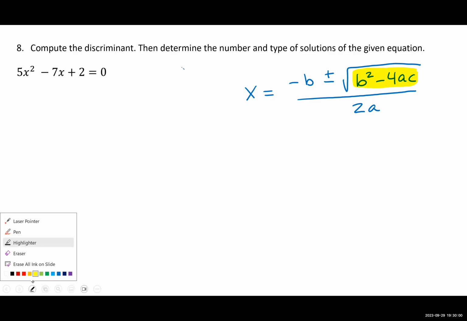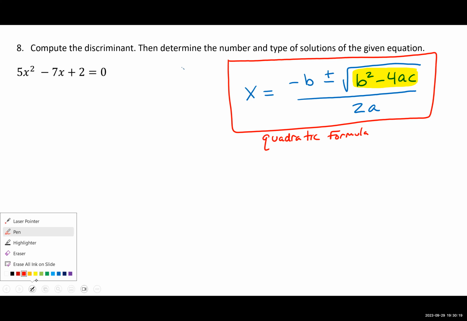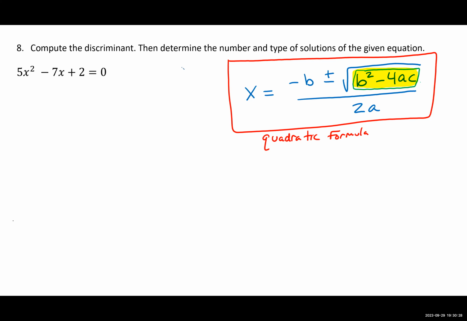This in red is the quadratic formula. But inside of the quadratic formula, part of the quadratic formula, I'll use green here, this is called the discriminant.